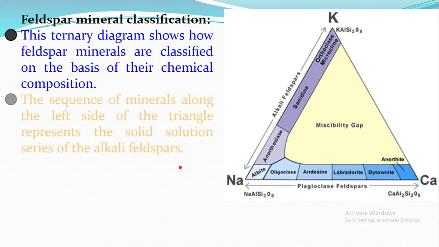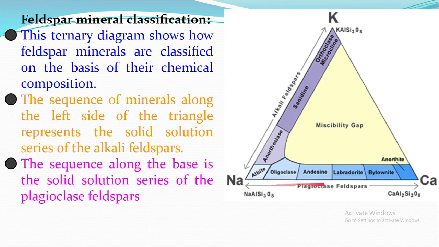In the ternary diagram, the left side contains the alkali feldspar. They are the solid solution between orthoclase and albite. We have the members microcline, sanidine, anorthoclase. Then the base of this triangle can be expressed by the solid solution series between albite and anorthite, and they are termed plagioclase feldspar.